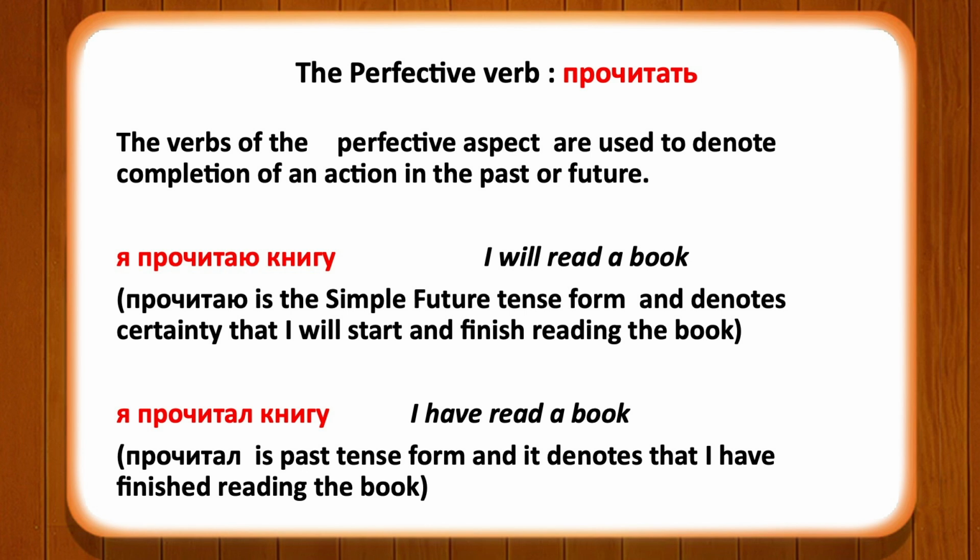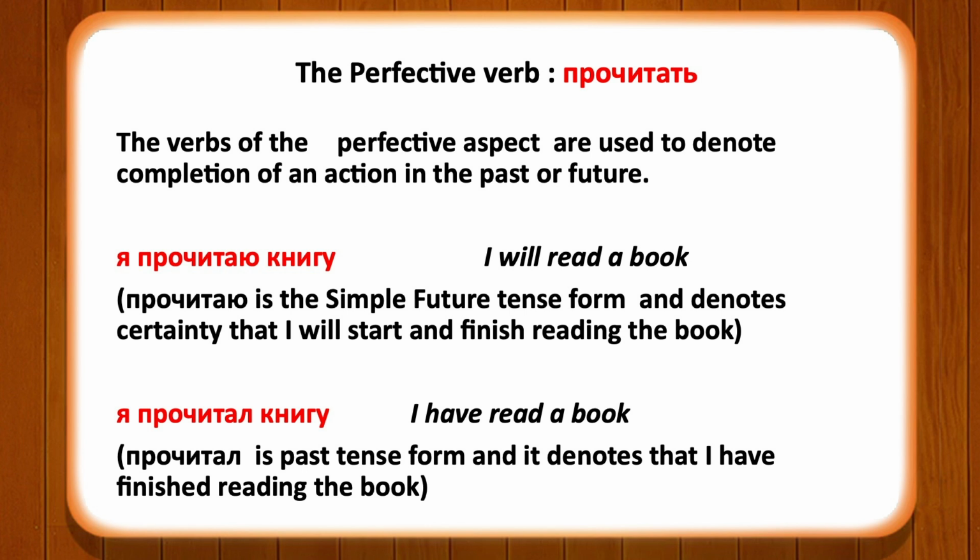Ya prachital knigu. Let us take one more example in past tense. Ya prachital knigu means I have read a book. The past tense form of the perfective aspect here denotes that I have finished reading the book. Though here also finished, the emphasis is on completion of an action in the past.